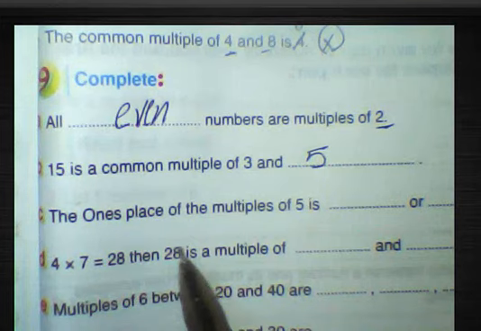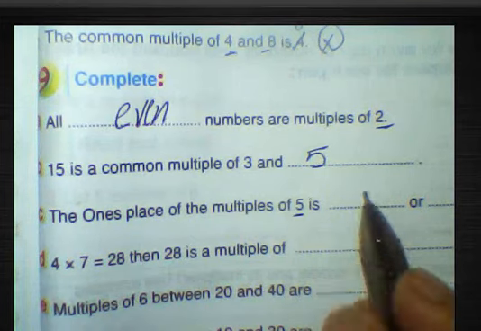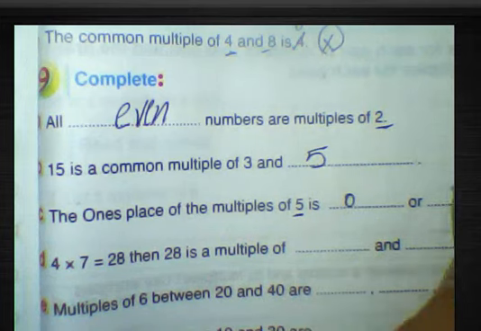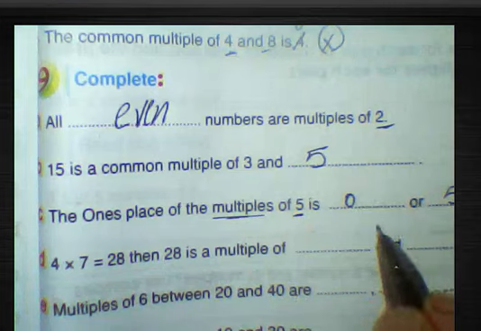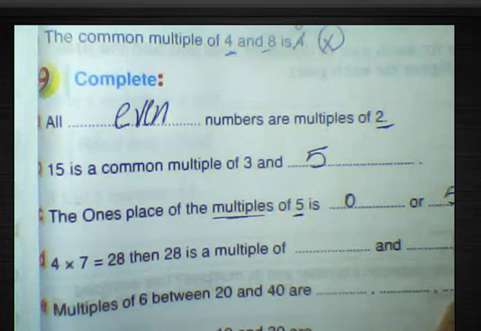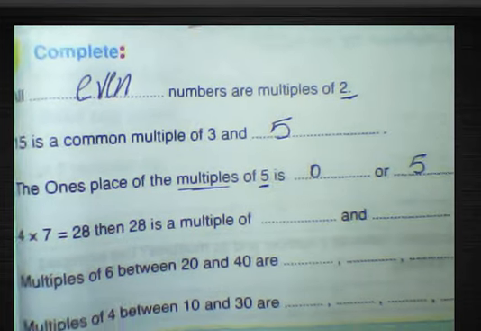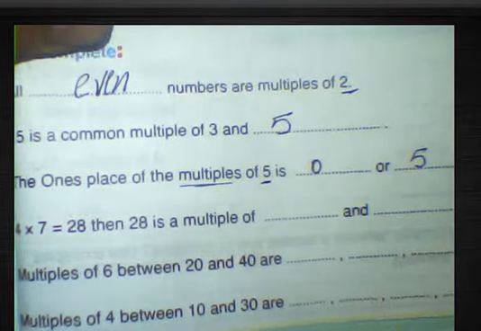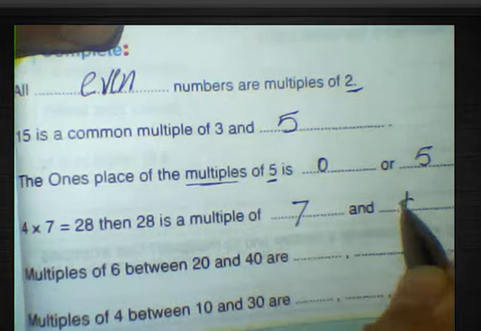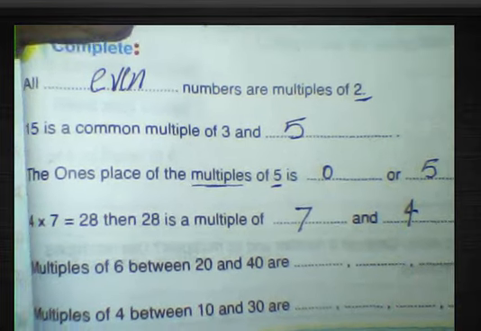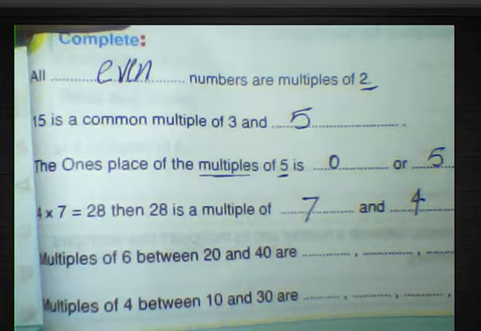The ones place of multiples of 5 is 0 or 5. In numbers, the multiples of 5 can divide by 5 if we have 0 or 5 in the ones place. 4 times 7 equals 28. Then 28 is a multiple of 7 and 4, because 4 times 7 equals 28.